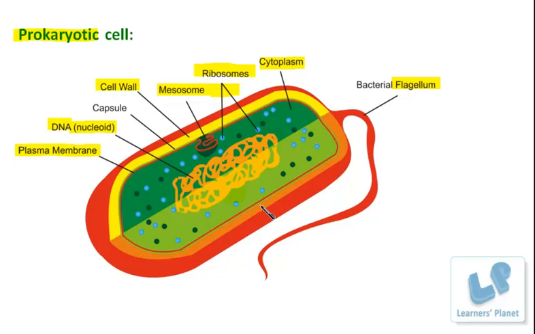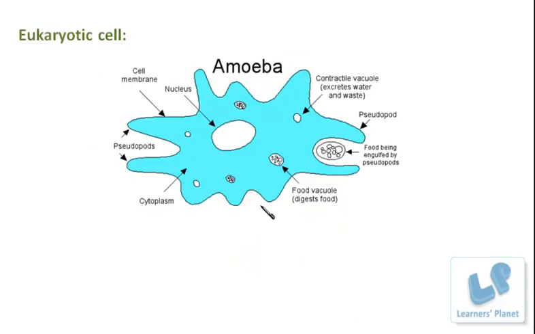Right? So this is an example of a prokaryotic cell where you can see only the basic type of components. Now in the advanced cell, that is in the eukaryotic cell, let us see how the different things appear. So the example of a eukaryotic unicellular organism is amoeba. Fine.